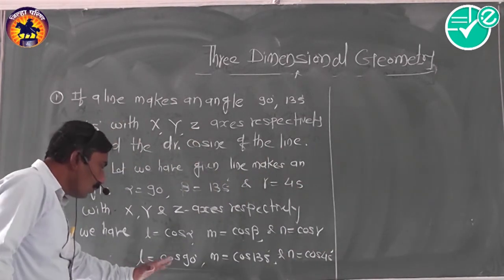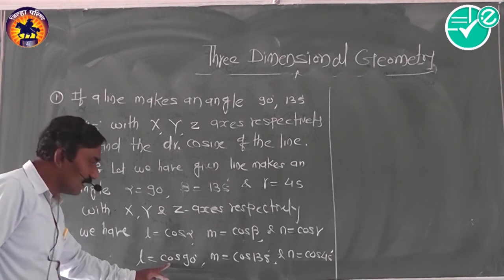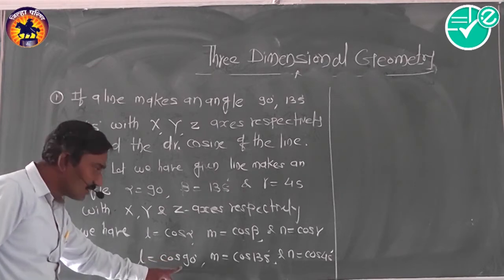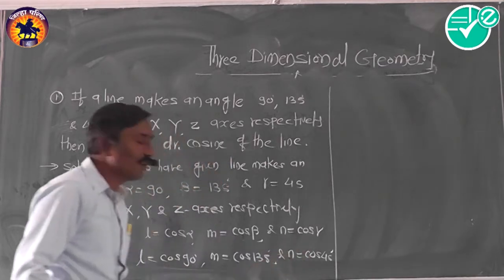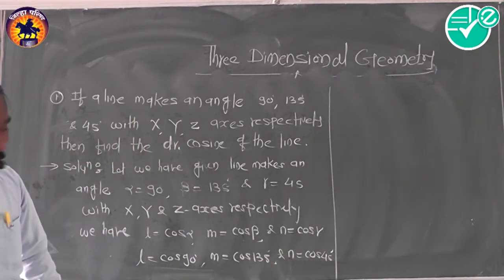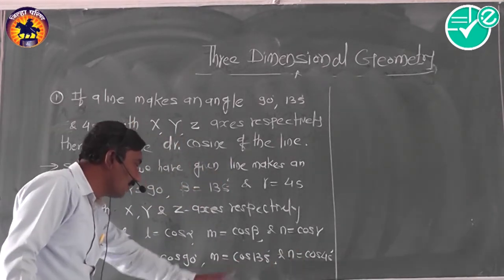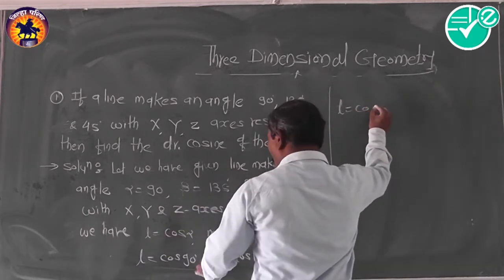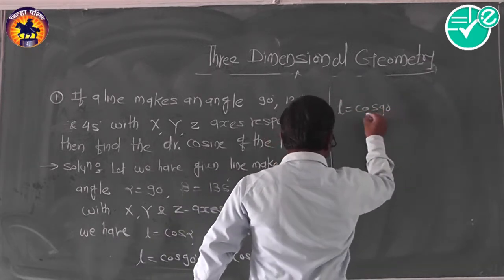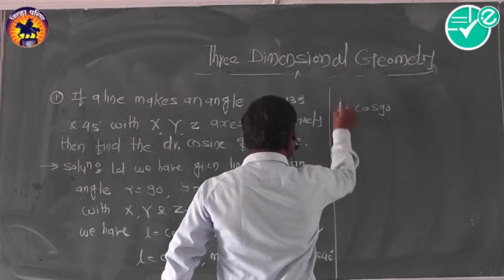So we have to calculate cos 90, cos 135 and cos 45. Here we have to use the allied angle formula. So listen, first, l equal to cos 90; for some time we can write it as it is.